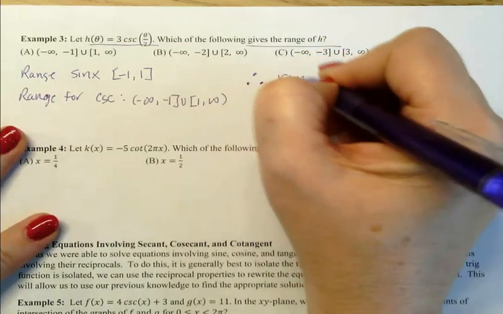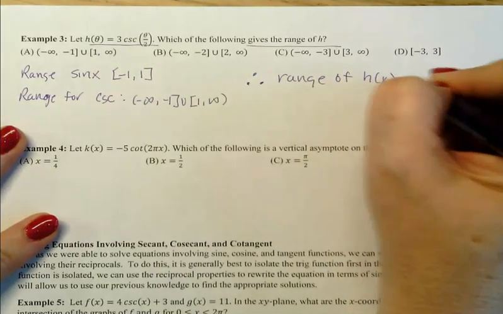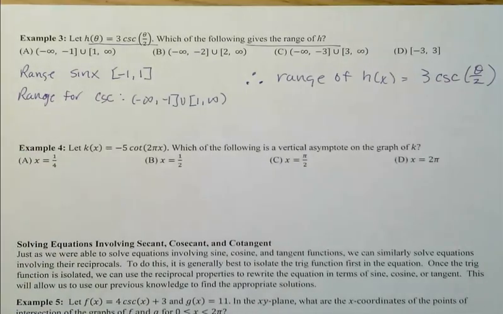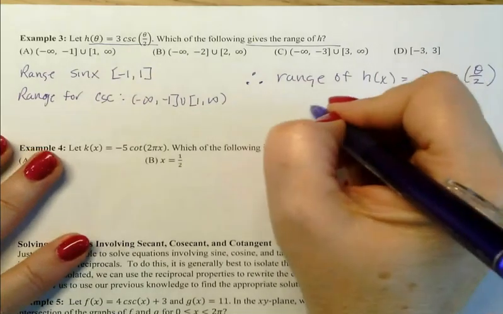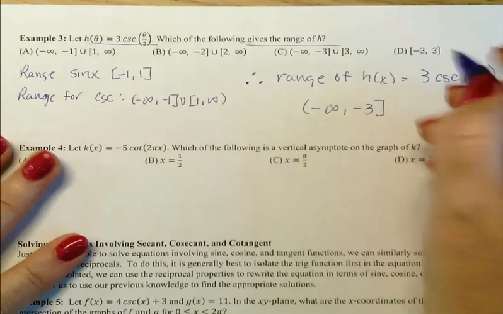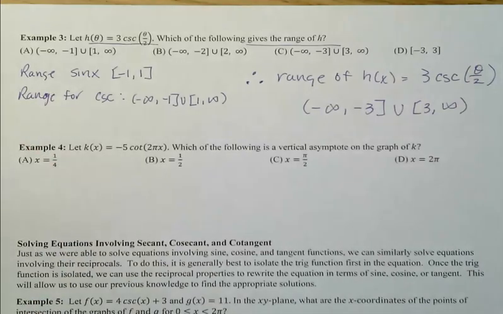Therefore, the range of h of x equals 3 cosecant theta over 2 has been vertically stretched to go up to +3 and down to -3. So that's now going to go from -infinity to -3 and then jump up to the 3 to infinity at the top.